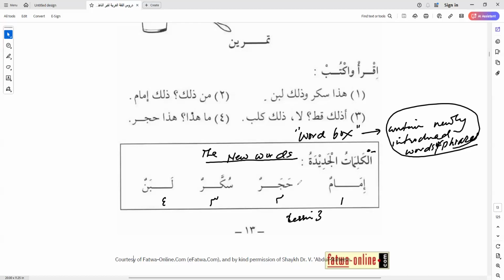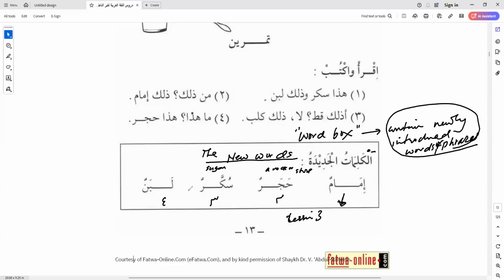All right, let's look at imamun. Imamun. Imam, as we know, is somebody who leads the prayer. It can be temporary or permanent. Hajarun, a rock or a stone. Sukkerun. Sugar.